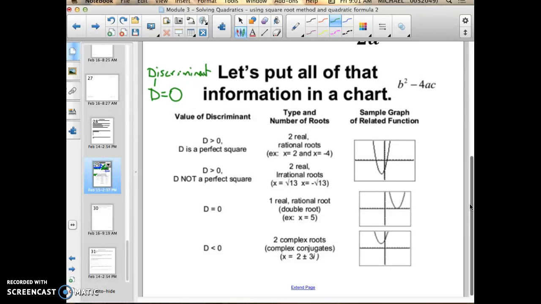My discriminant is 0. So we have discovered this situation when d equals 0. And so to finalize this process, I need to include this piece of information in my answer. When d equals 0, like I found, then I will have one real rational root.